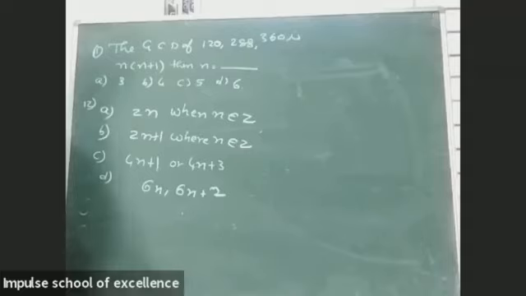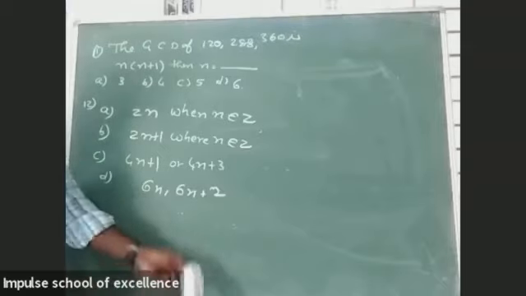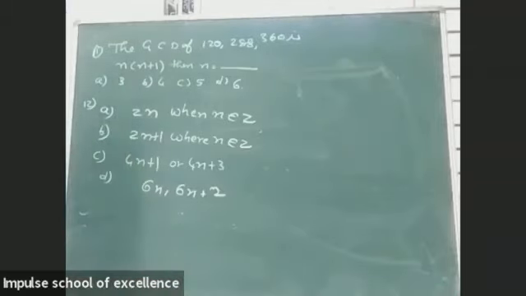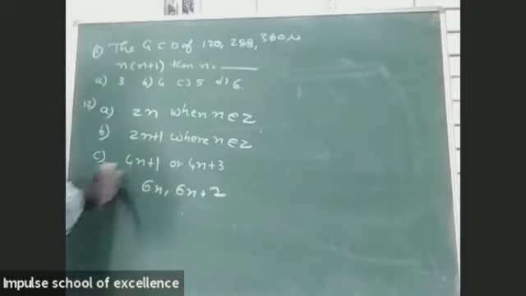Fourth option, every positive odd integer is of the form 6n, 6n plus 2, where n is an integer. Option D is the false statement. You can cross check once. Your answer is D.